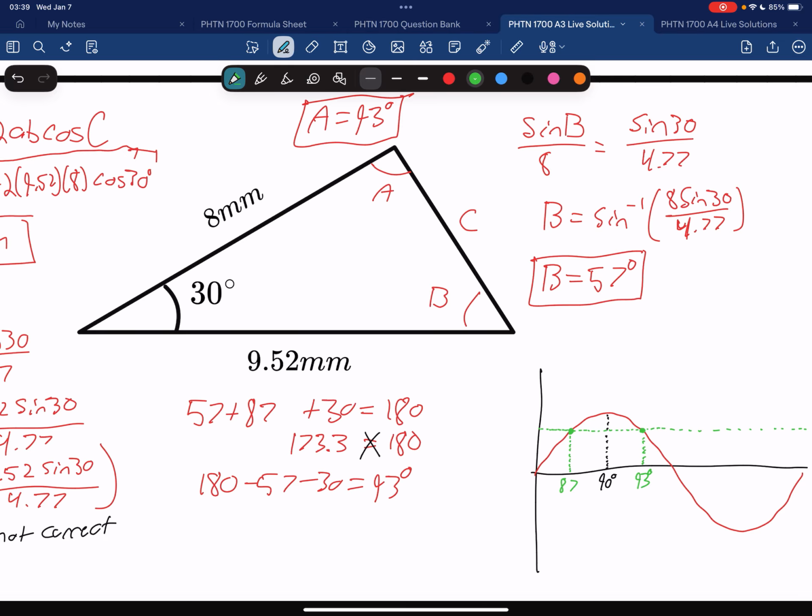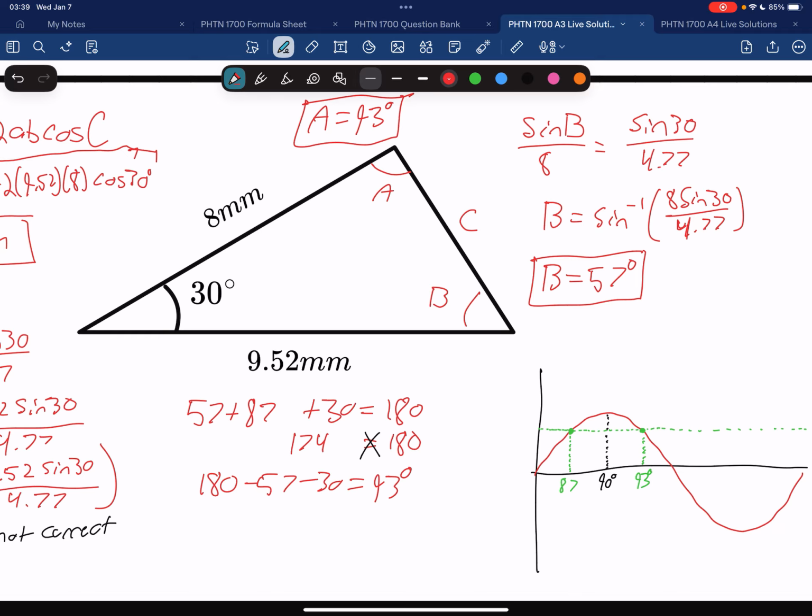Okay, so if your calculator gives you 87 and you realize that this is just wrong, it ends up being 6 short. We get 174 instead of 180. What you do is you find this difference here. You find whatever number you need to add to get to 180.